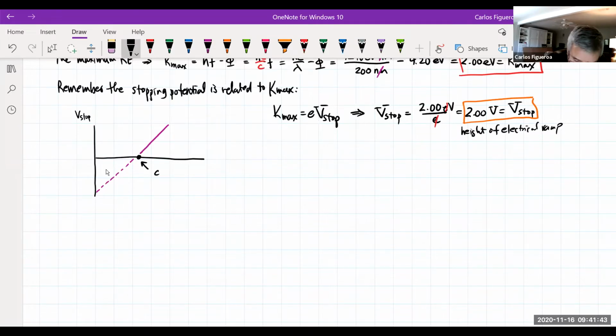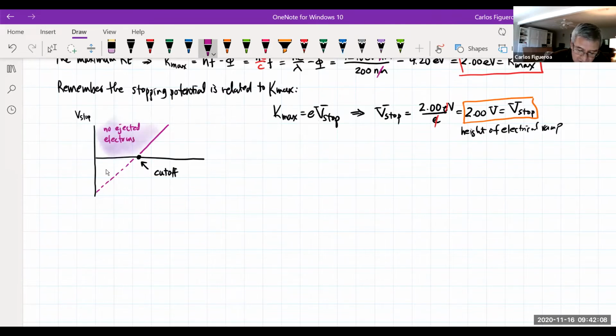And so this guy right here is a so-called cutoff. What do I mean by a cutoff? If I was to give you a sense of what I'm talking about, this whole region essentially says what? No ejected electrons.